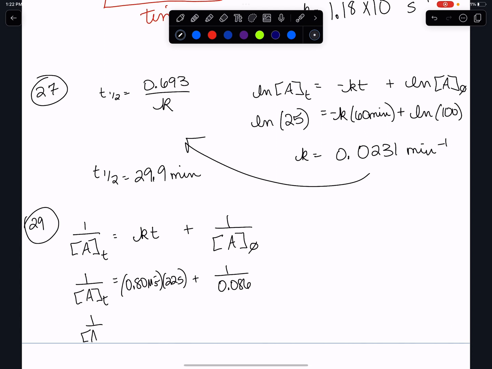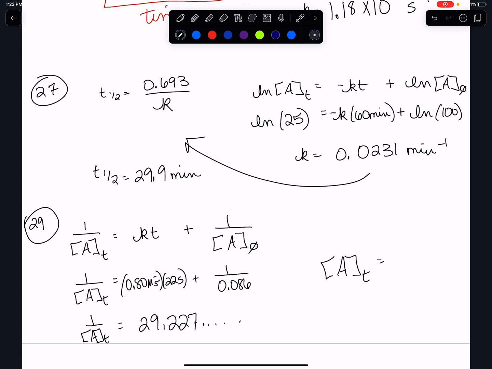Okay, we worked one similar in class. I'm doing the right side of it first. So I've got 1 over A_t is equal to 29.227, etc. But I need to take the reciprocal of that to solve for A_t.